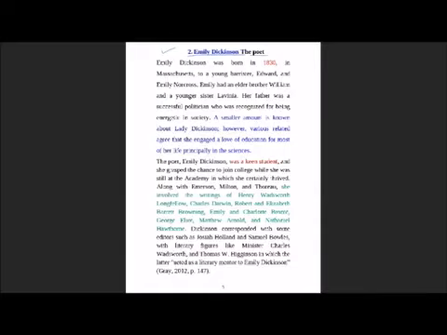So, Emily Dickinson was born in 1830 in Massachusetts to a young barrister, Edward and Emily Norcross. Emily had an elder brother, William, and a younger sister, Lavinia. Her father was a successful politician who was recognized for being energetic in society, an active person in the society.